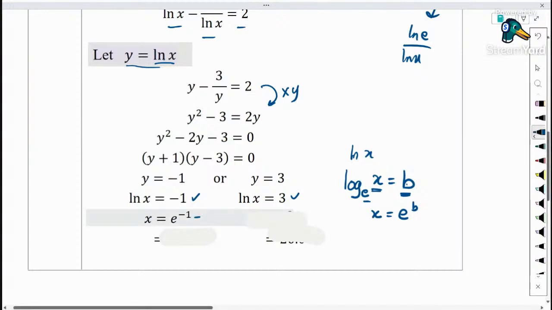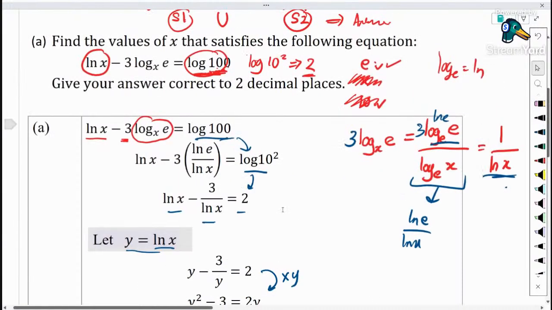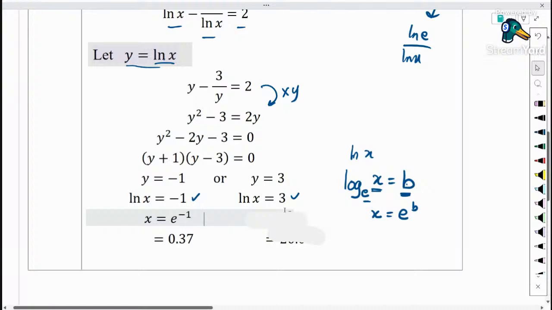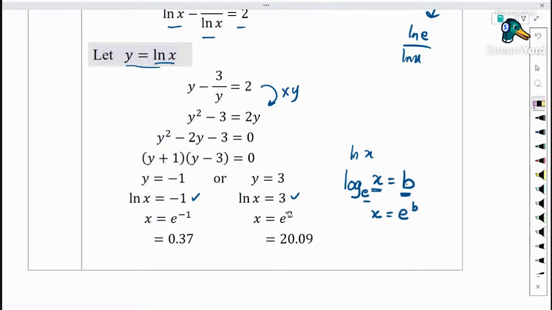If you try to do the calculation, this is actually 1 over e, and we have the answer equivalent to 0.37, as required by the question, 2 decimal places. We press our calculator and then convert into 2 decimal places. On the other side, e to the power of 3, converted into two decimal places, I have 20.09. There goes my answer for x.